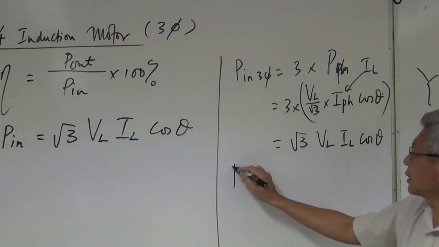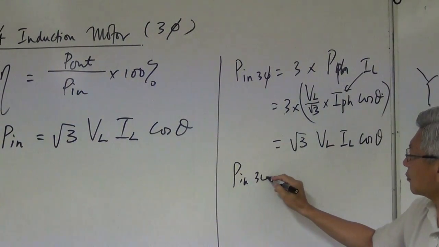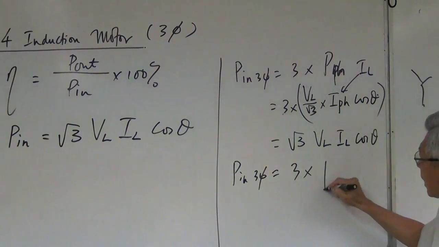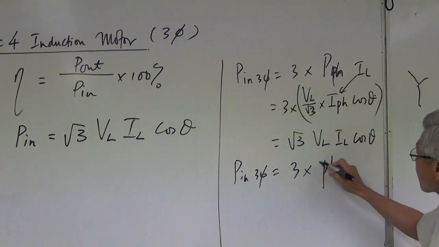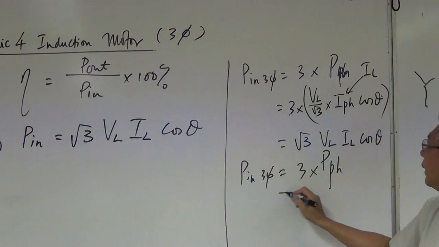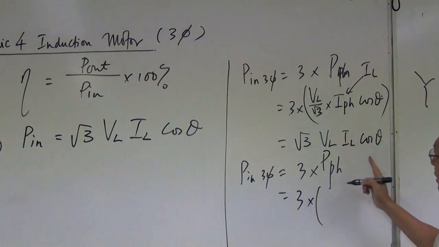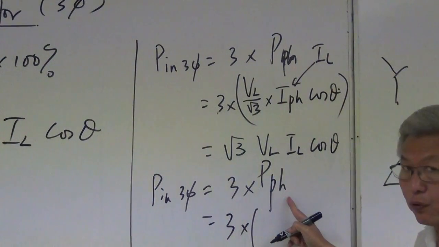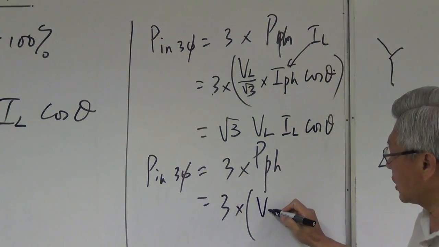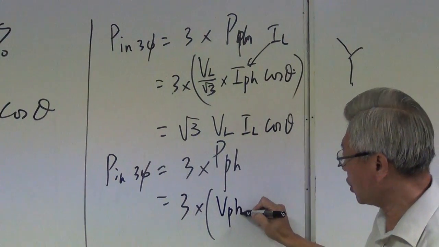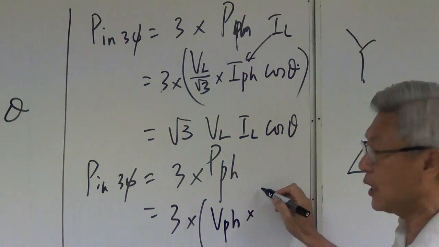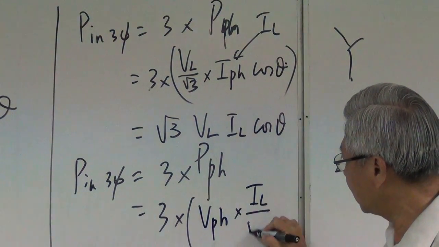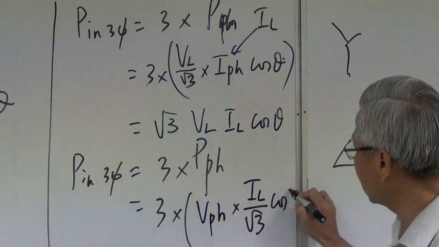If it is a delta circuit, again it's still 3 times the phase power. For a delta circuit, the line voltage and the phase voltage are the same, so it is equal to 3 VPH multiply IPH, where phase current is equal to line current divided by square root 3, times cosine theta.